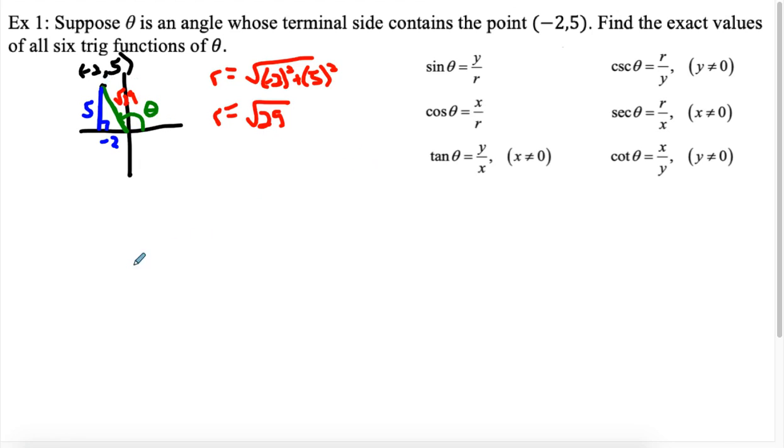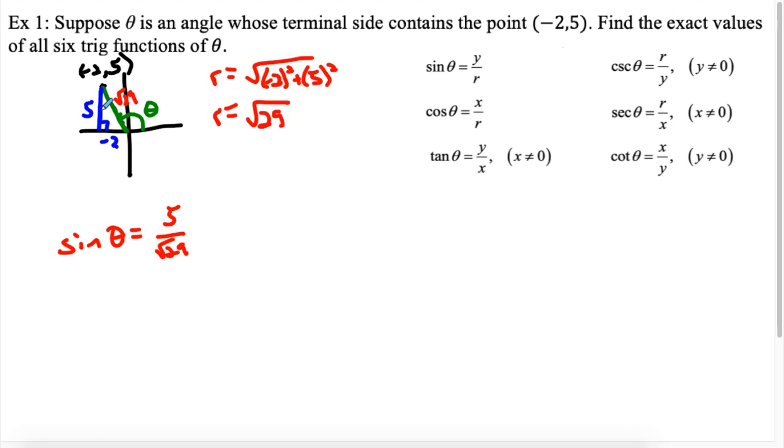So to list out my trig functions, the sine of theta, okay, again, we can either just think about memorizing this, right? We could say it's just the y coordinate over r, which would be 5 over the square root of 29.